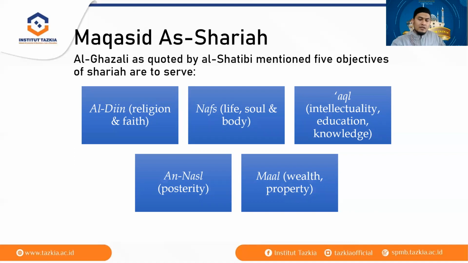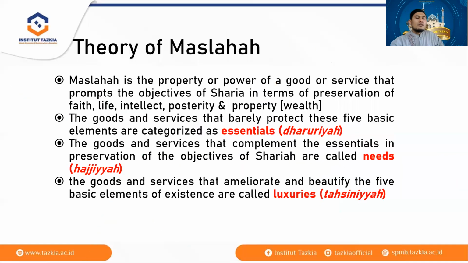Because we talk about consumption here, it must be consumption in line with maqasid Sharia, with the five elements coming together. So the theory of maslahah: maslahah is the property or power of a good or service that promotes the objectives of Sharia in terms of preservation of faith, life, intellect, posterity, and property, which is wealth.